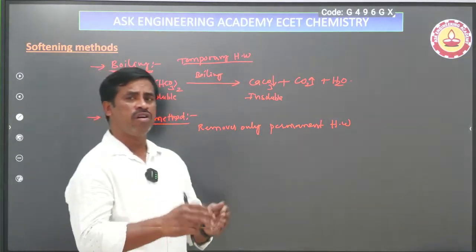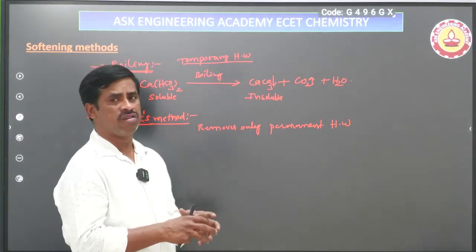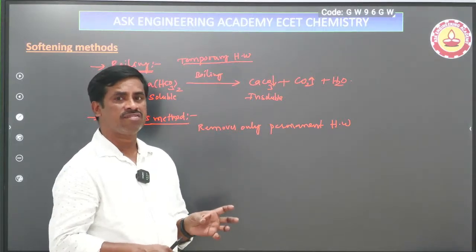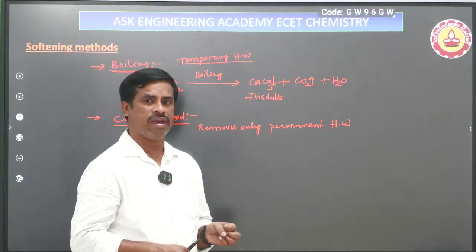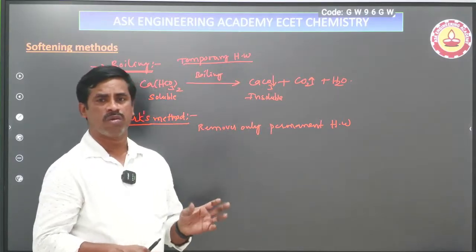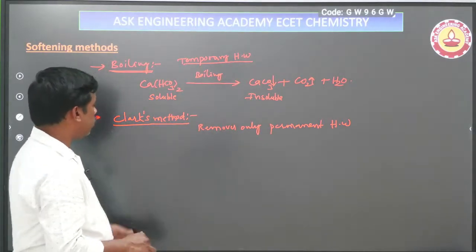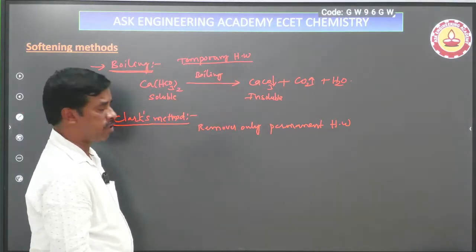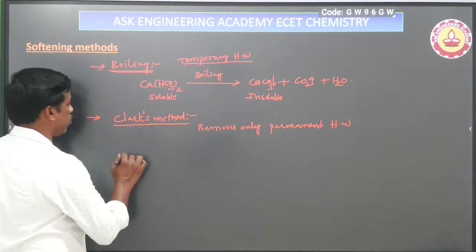Whatever water has dissolved permanent hardness causing salts, we need to add slaked lime, calcium hydroxide. Slaked lime, what is the chemical formula? Calcium hydroxide. Add this, and the soluble products convert into insoluble substances and permanent hardness is removed.